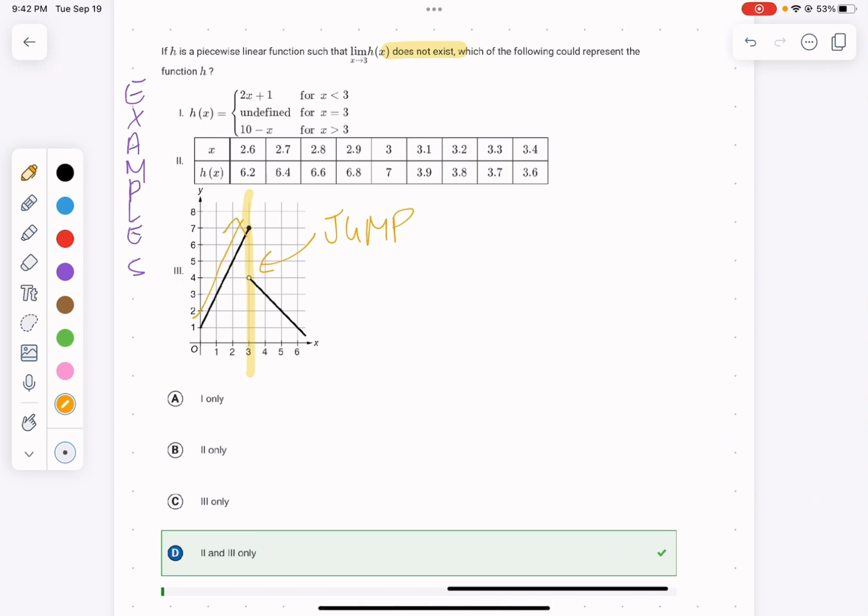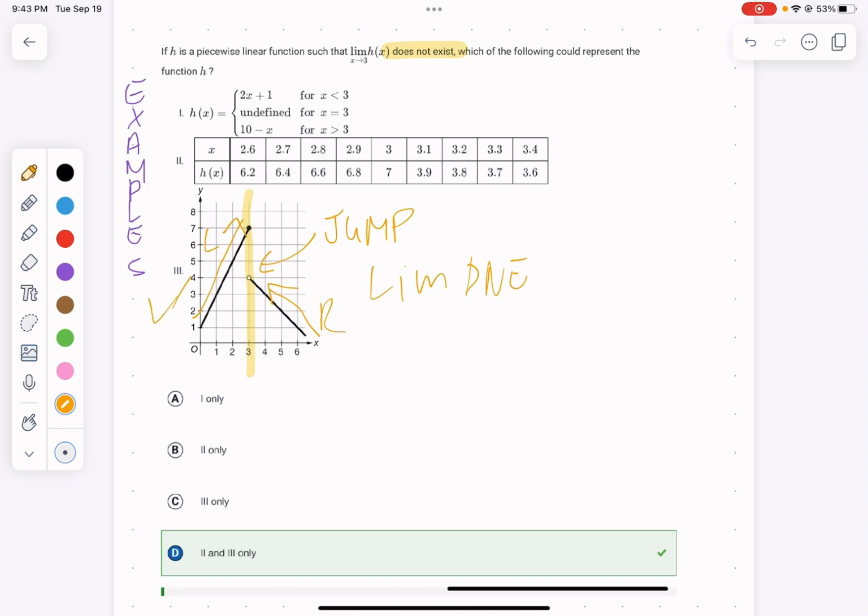As the line from the left approaches 3, we can see that the limit is 7. However, as the line approaches 3 from the right, the value is 4. There's a jump discontinuity, so we know that the limit does not exist at 3, which is perfect because they are looking for a limit that does not exist. So 3 is definitely an option.